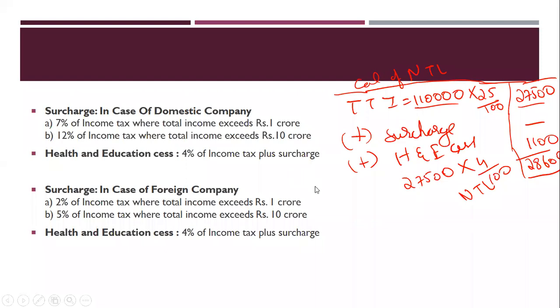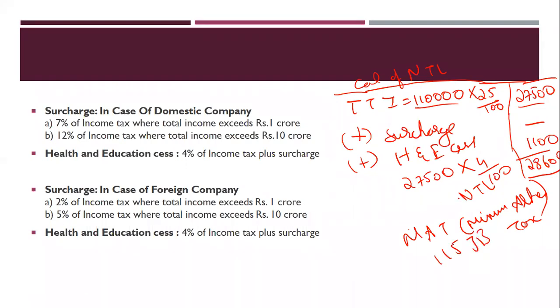For companies, you have to do one more thing. You have to calculate MAT, which is called minimum alternative tax, under section 115JB.